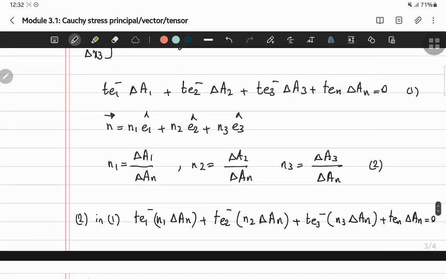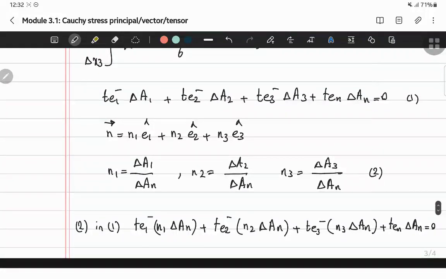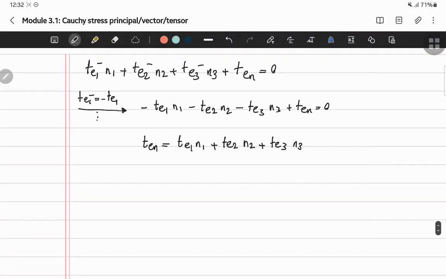And I guess I have to write this ten in the form of capital T and n, right? So we also know that we have n, which was equal to n1 e1, this was a vector, plus n2 e2, this is also a vector.